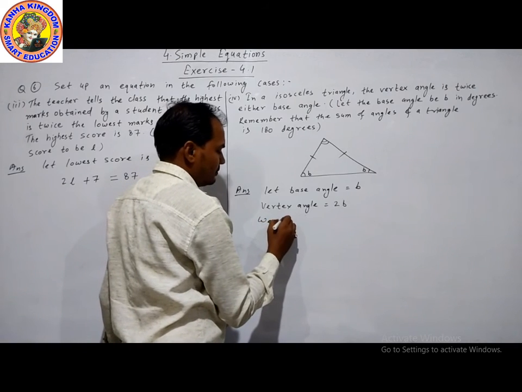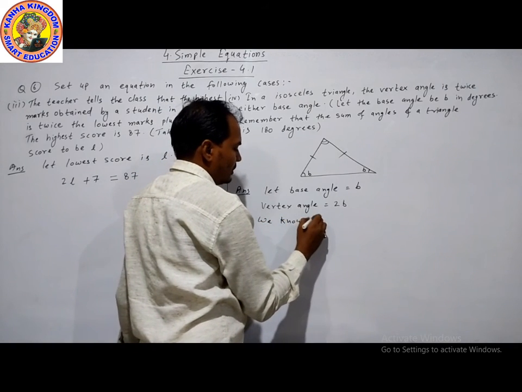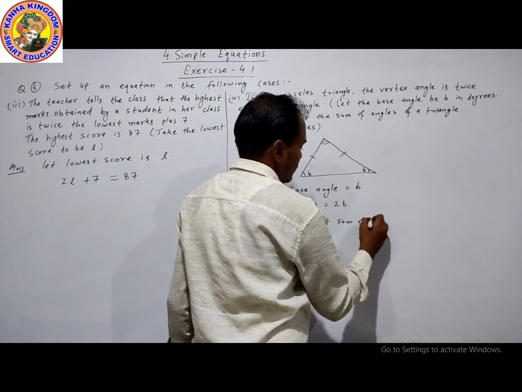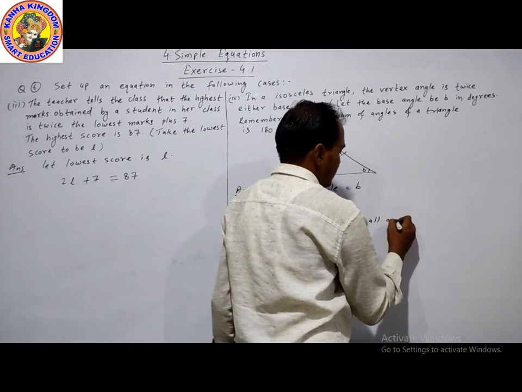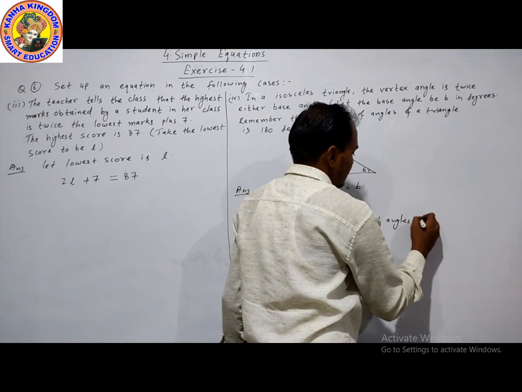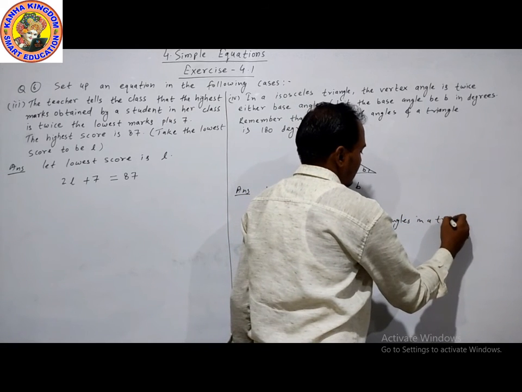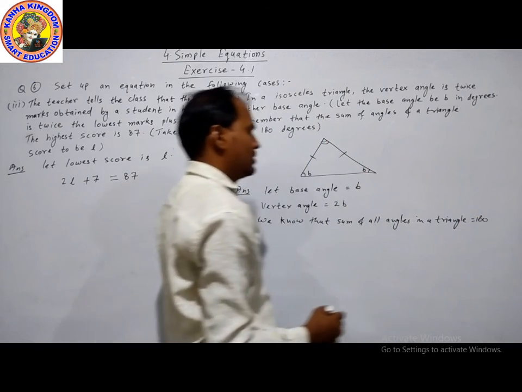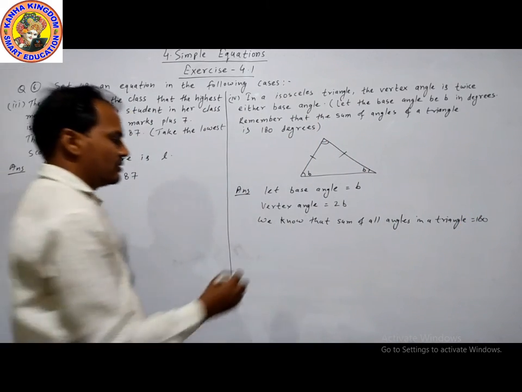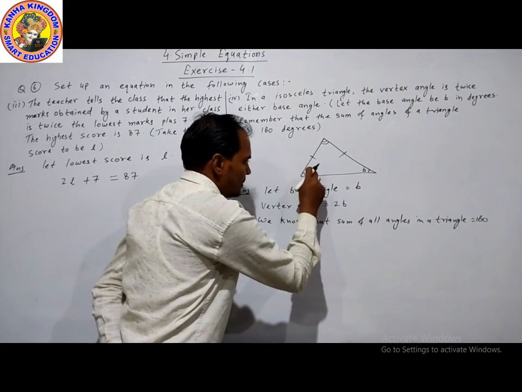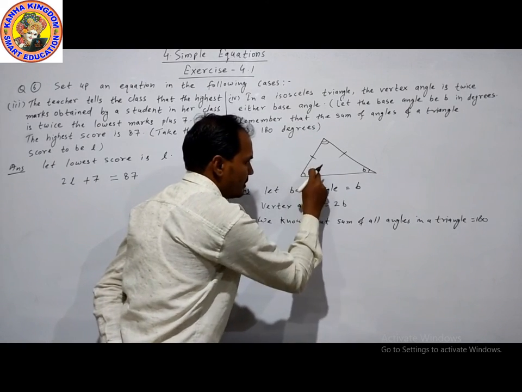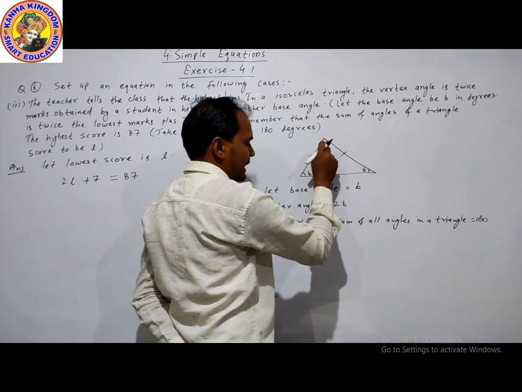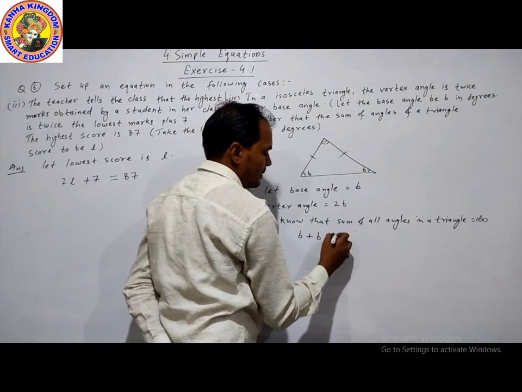We know that the sum of all angles in a triangle is 180 degrees. Now taking the sum: B plus B plus the vertex angle. Vertex is 2B.